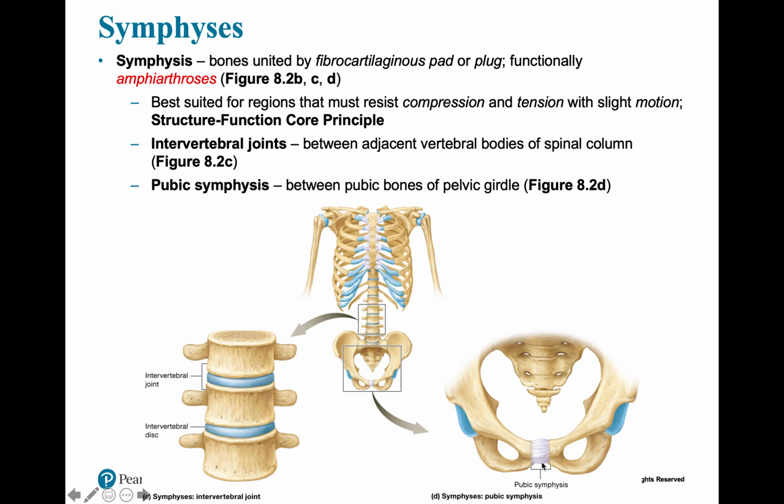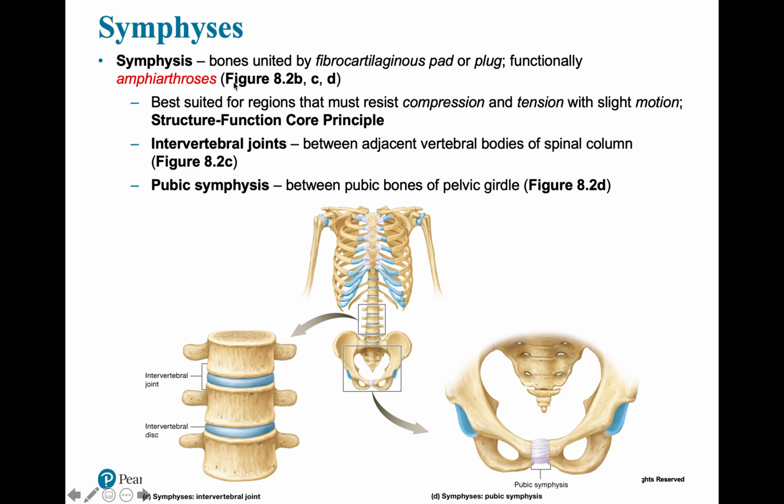And then the second location where you find symphysis joints is the pubic symphysis. It's a fibrocartilage pad that connects the two pubic bones of the os coxae, of the pelvic girdle, together. So this would be the pubic region of the os coxae, and they're bound together by this pubic symphysis, which is a fibrocartilage pad.